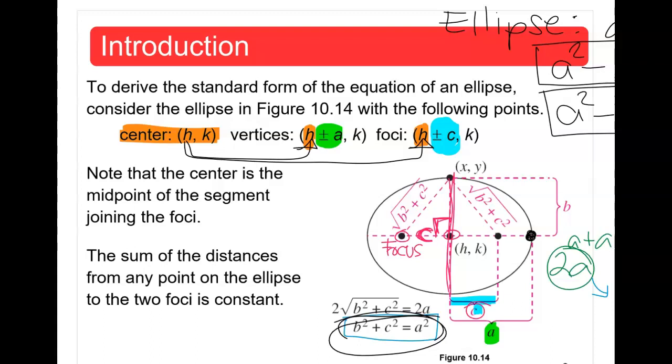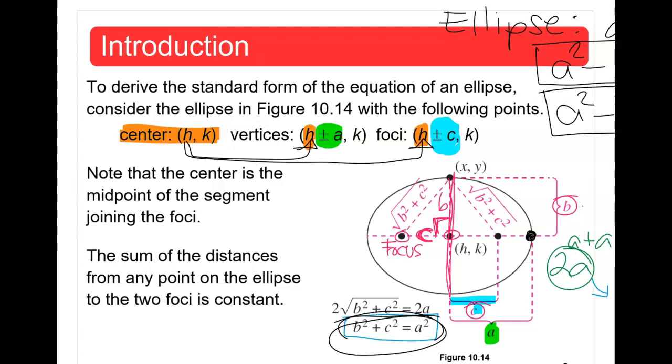And the distance from the center to the point on the minor axis is considered B. So this is a right triangle, and I know that we always call the hypotenuse C, but for the purpose of the ellipse, we're going to call one side C and the other side B.